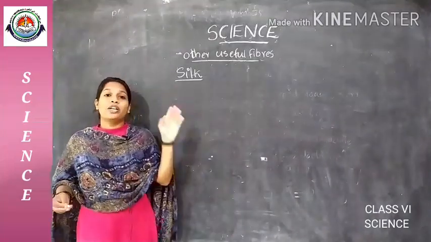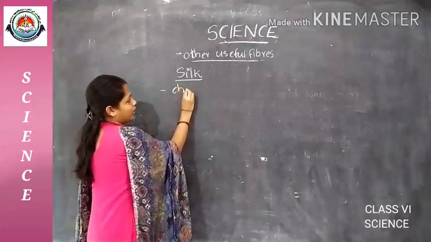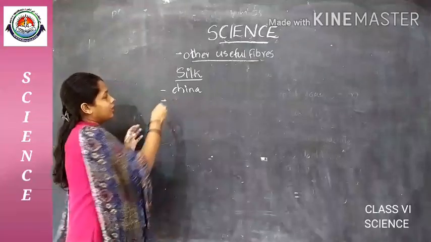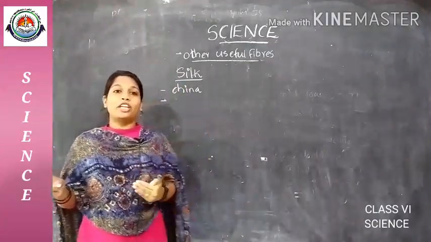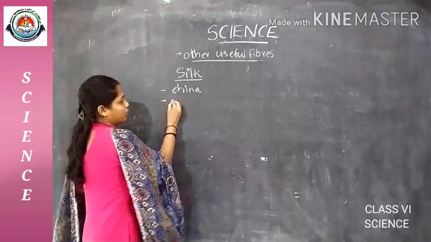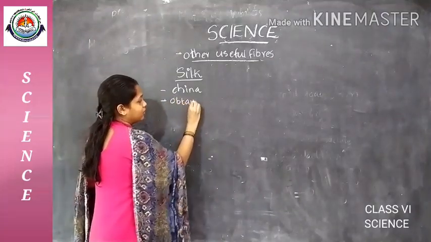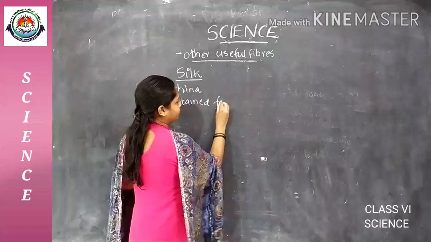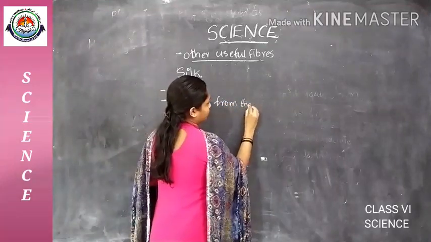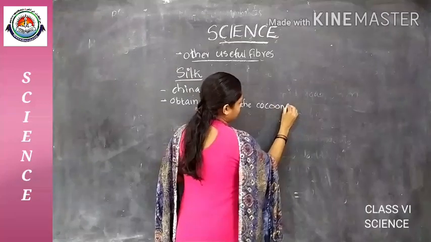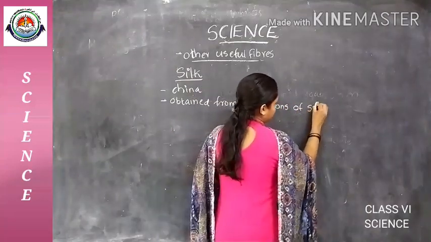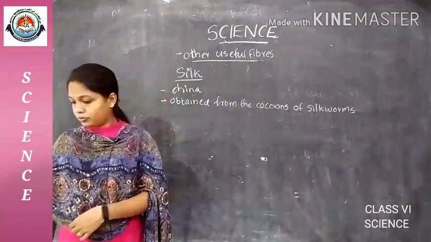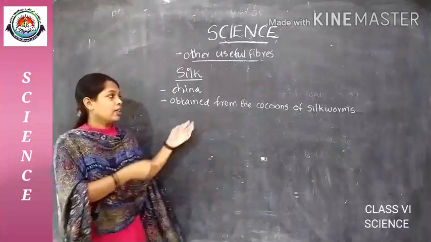So silk was first developed and cultivated in China, and the silk fiber is obtained from the cocoons of silkworms.